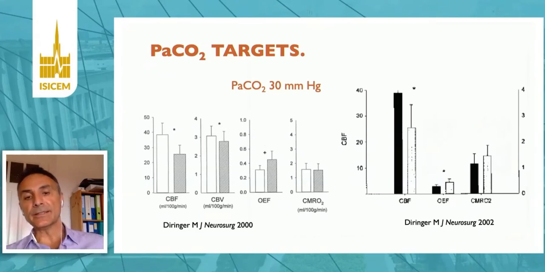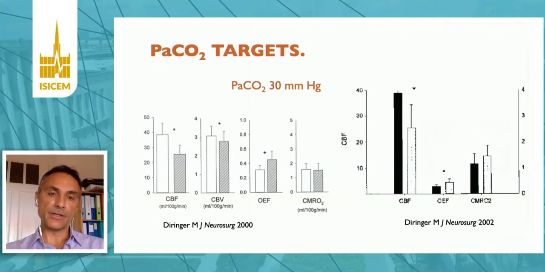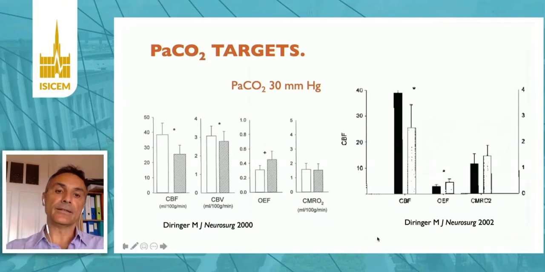What you see in these two studies is that if you are more gentle, with PCO2 around 30 to 35, you actually have a benefit because you don't have ischemia, and there is basically a balance in terms of metabolism.